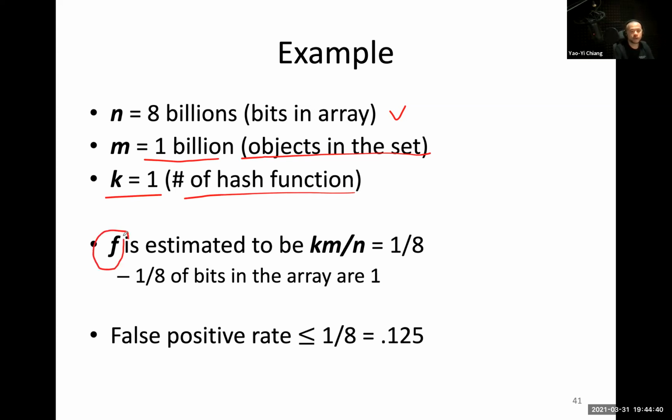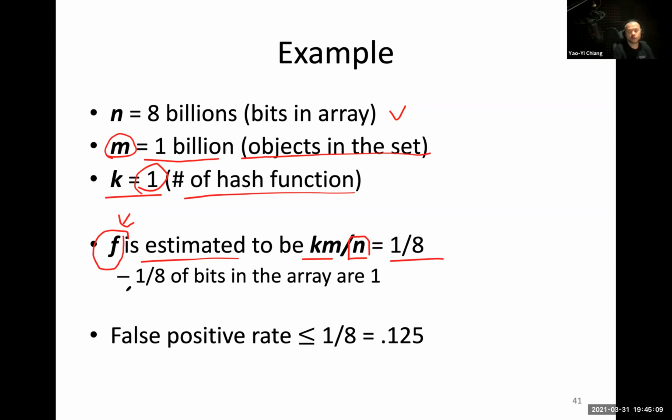Your false positive rate is estimated to be, well, not false positive rate. The fraction of ones in your array is k times m divided by n, right? So every object sets a location to 1, right? So m times k, which is 1, divided by the total number of locations in your array. So that's 1/8.